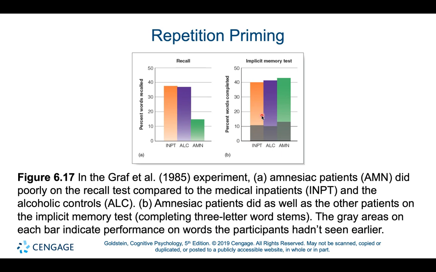But when those same inpatients, alcoholics, and amnesics were tested for implicit memory using repetition priming, we see that the amnesics perform just as well as everyone else. So even though the amnesics don't remember the explicit information, they show implicit memory using this repetition priming experimental paradigm.